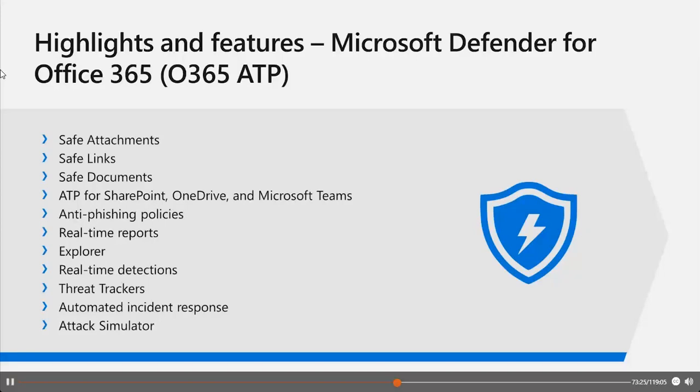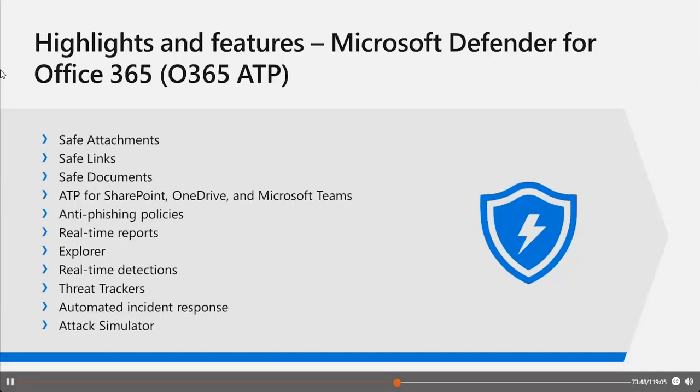Then we have the real-time detections, and we have the threat trackers, which are informative widgets that provide authorized users with a view of intelligence on cybersecurity issues that might impact our organization. We have the automated incident responses, which are capabilities of Office 365 Plan 2.